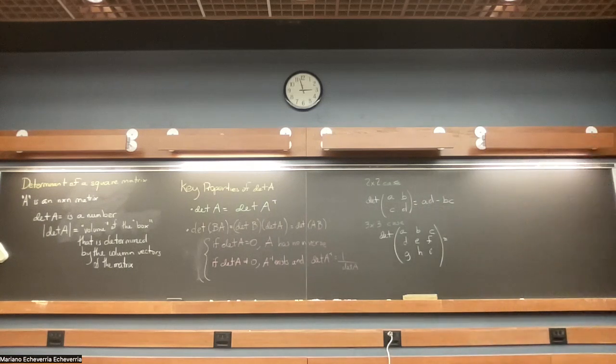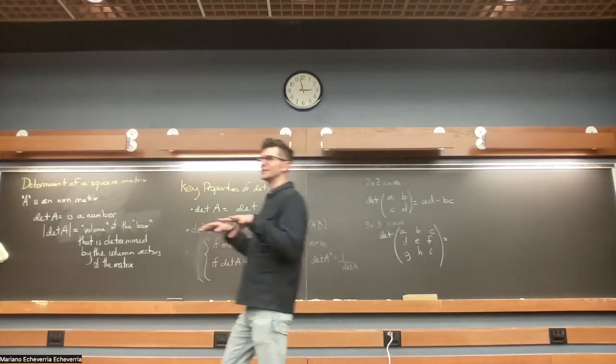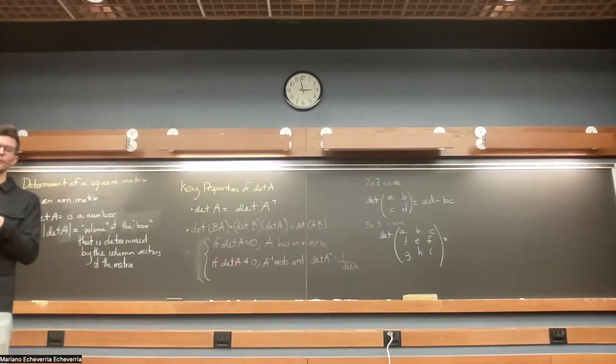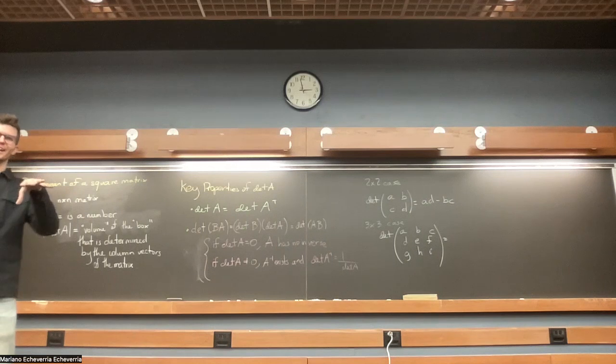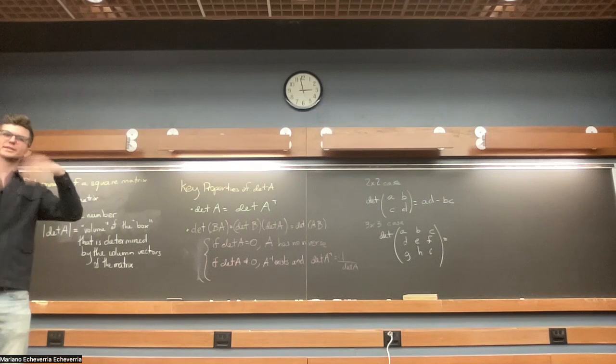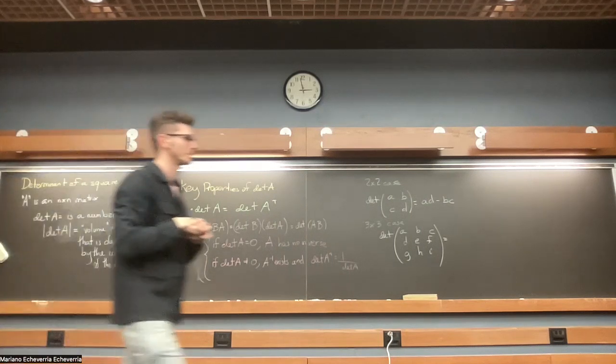The cool thing about this formula for computing the determinant is that it gives you the formula in terms of determinants of smaller matrices. In this case, the determinant of this 3 by 3 matrix will be given in terms of determinants of 2 by 2 matrices. In the 4 by 4 case, the determinant will be given in terms of determinants of 3 by 3, and you can find those in terms of 2 by 2s. So you can always lower it down to the 2 by 2 case and get the answer.